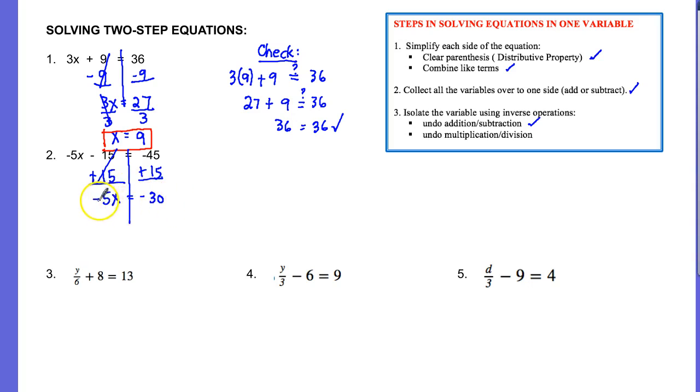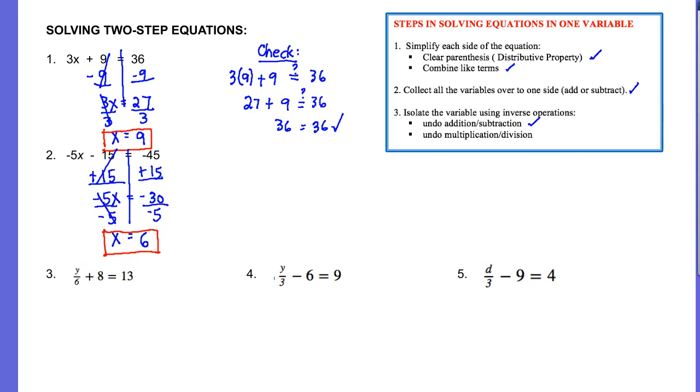You want to get rid of negative 5, so you will undo multiplication by dividing both sides by negative 5. Negative 5 divided by negative 5 is 1. So you only have x on the left side. So here you're dividing two negatives. Negative divided by a negative is positive. 30 divided by 5 is 6. So x equals 6.